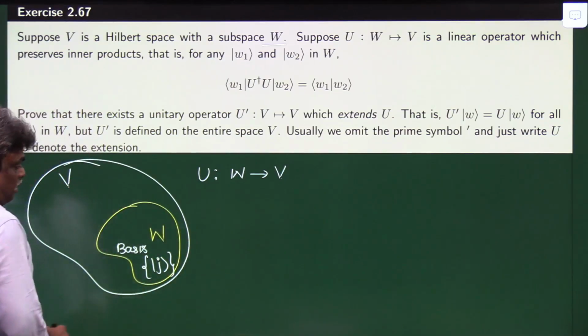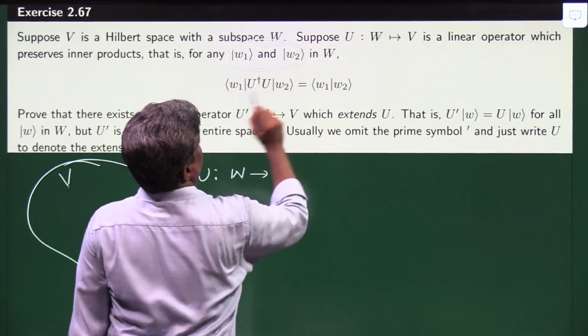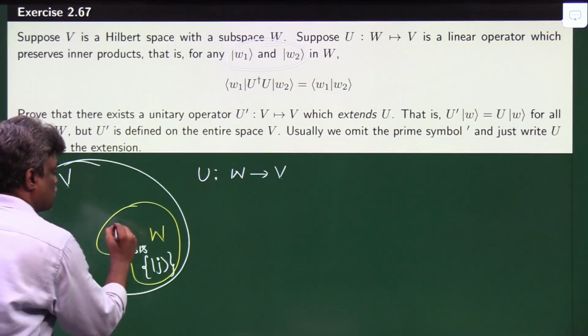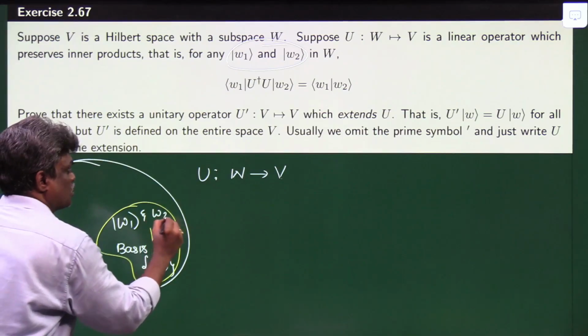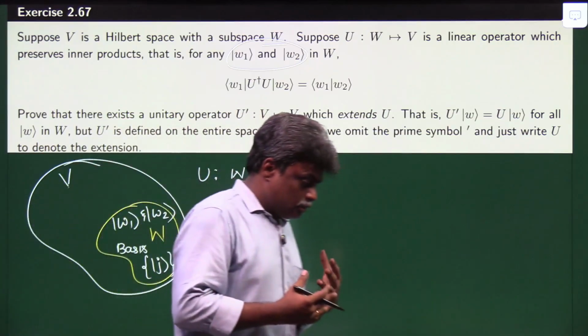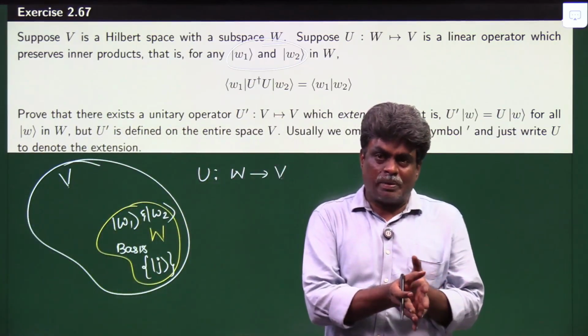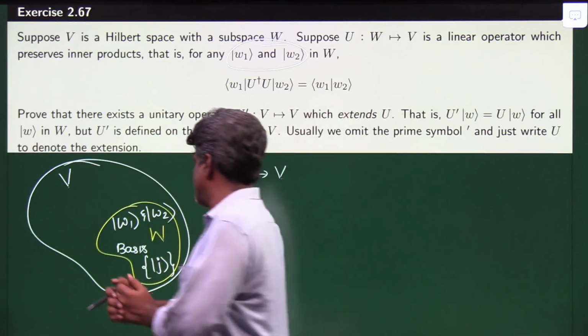Fine. And then here they have defined W1 and W2 in W. So that means W1 and W2 are the two states which belong to this W. I hope you know that any state vector in the Hilbert space can be written as a linear combination of basis states.